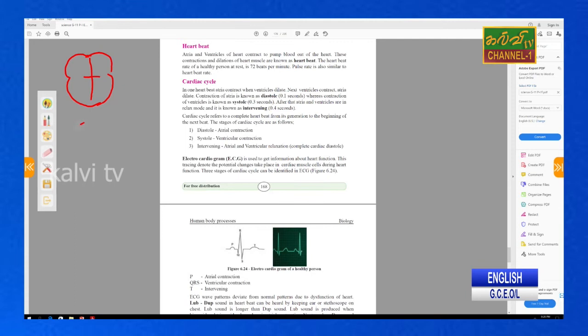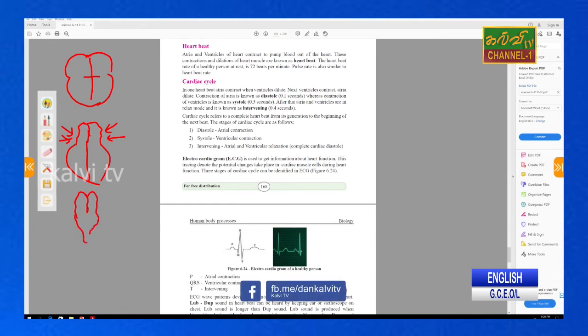Then one time this position is going to contract. In the next position, this also is going to contract, and this will come out, right?